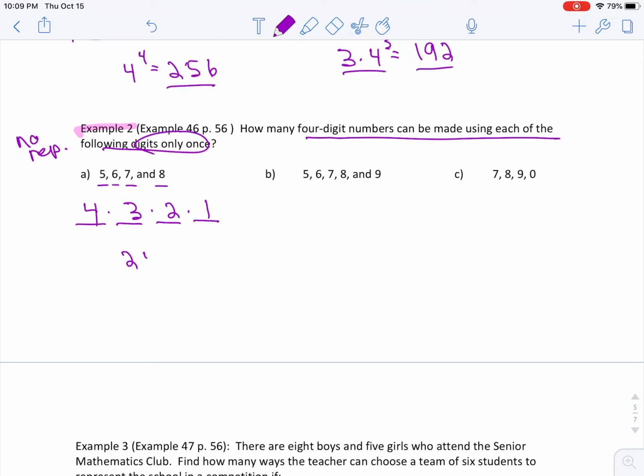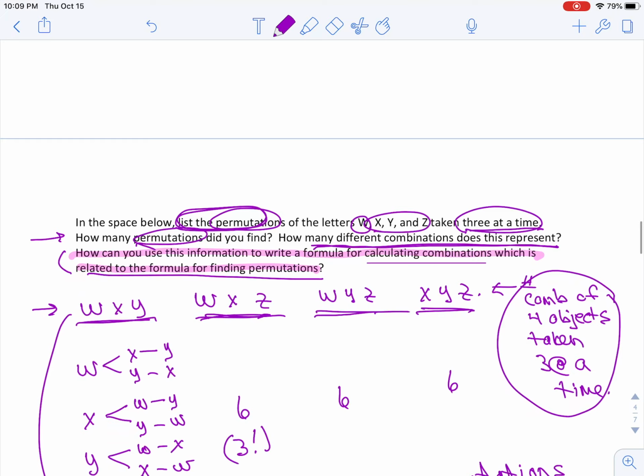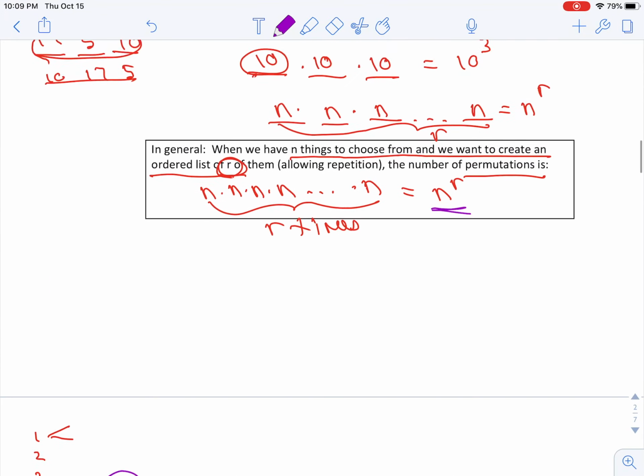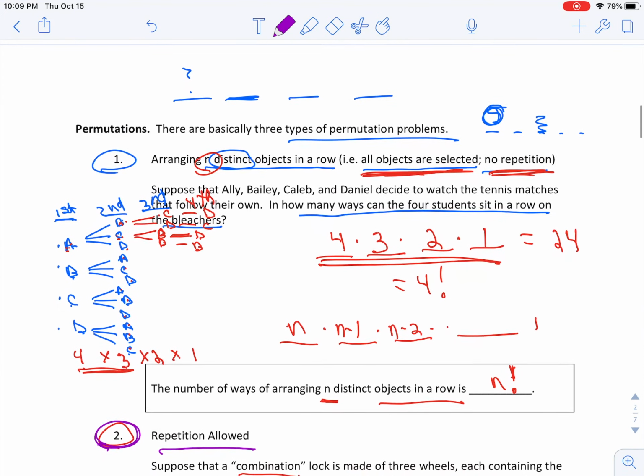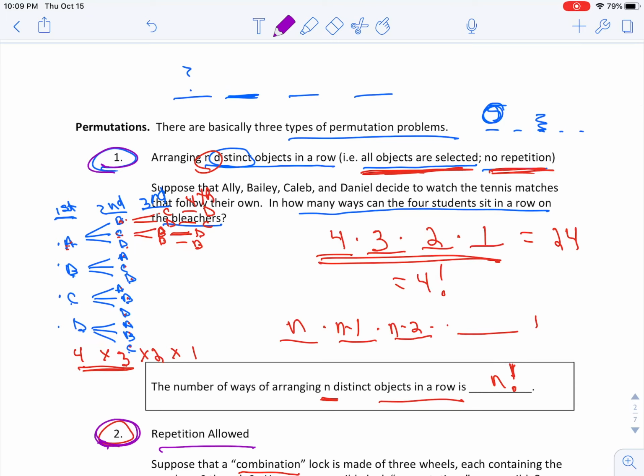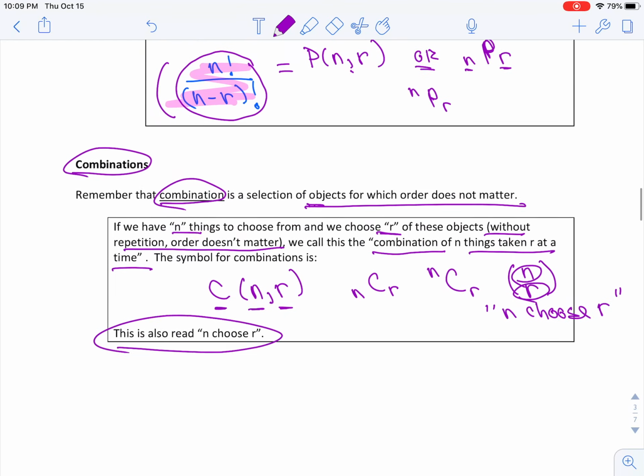So here we end up with 24. I want to point out that in this problem you have 4 objects and you're arranging them in any order, using all of them. That goes back to the first type, where we were arranging n objects in a row. Here we had 4 objects arranged in a row.